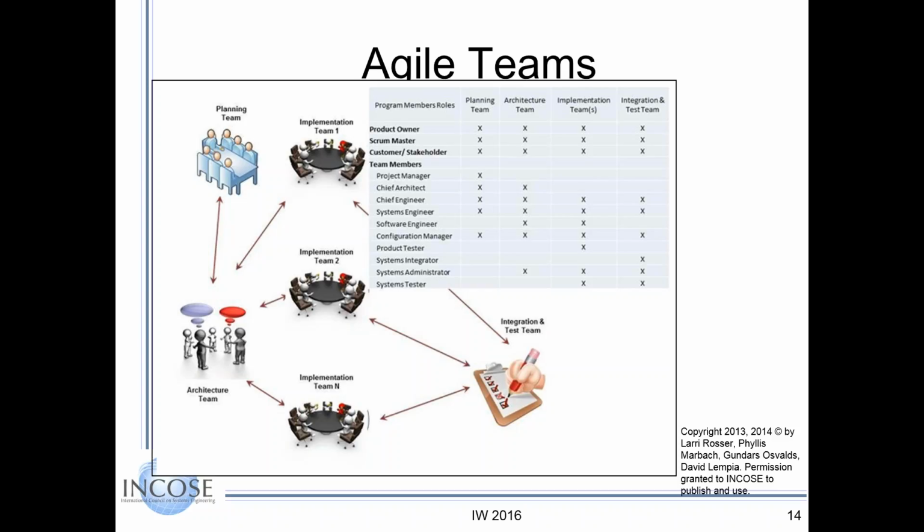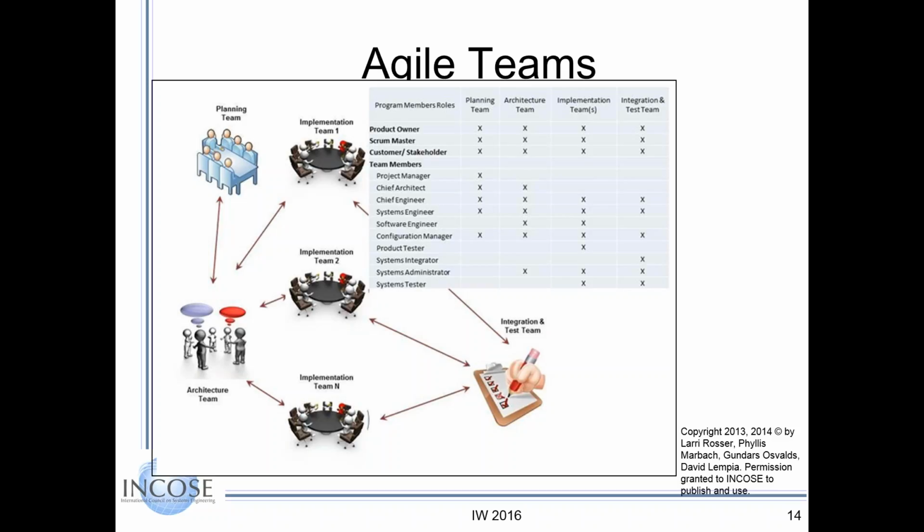Who's on the team? So every team has a product owner and members. They might also be stakeholder representatives, important members to have on a planning team for sure. You also have scrum masters. They may not be stakeholders, but they could be.